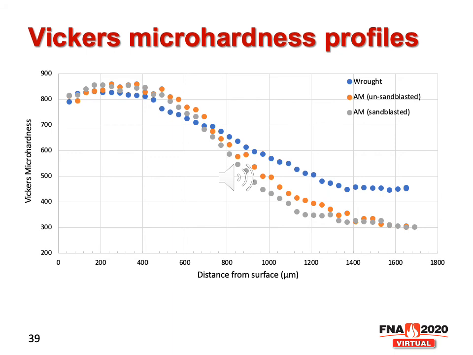Comparing the microhardness profile of the selective laser melted part with the wrought part, the main difference is the core hardness. The wrought part shows higher core hardness than the selective laser melted part, which is due to the higher carbon concentration in the wrought material.